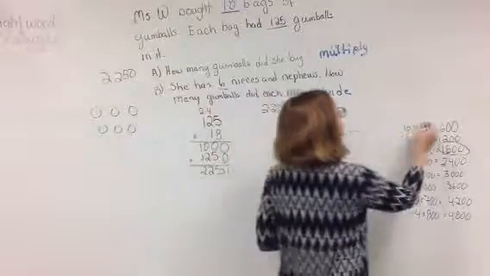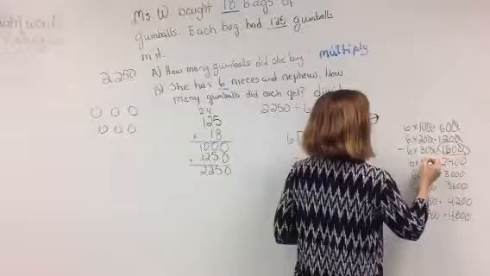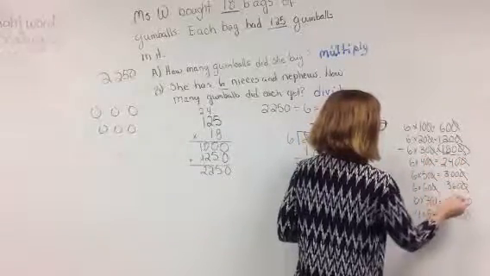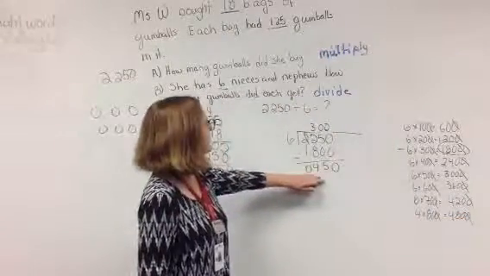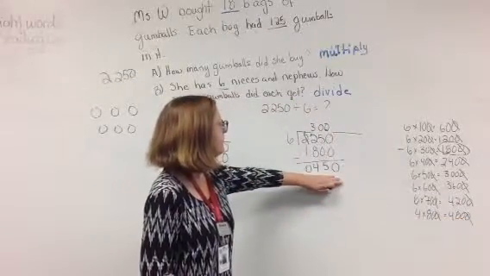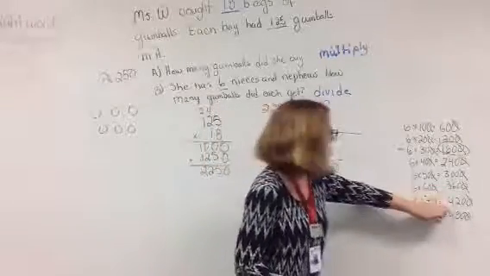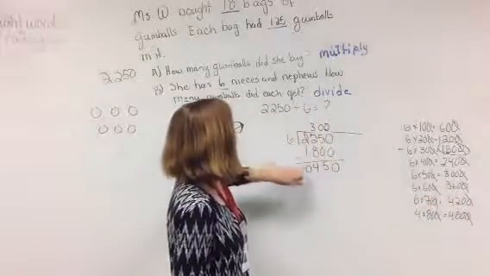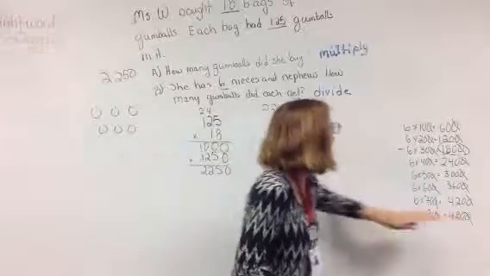Now I don't need to figure out my 100s anymore. What number is closest to 450 without going over? Well, that would be 7, unless I've made a mistake. 420 is less than 450. 480 is greater.